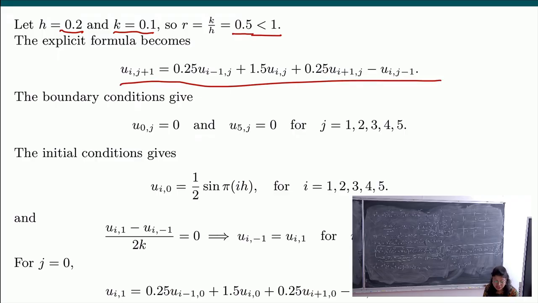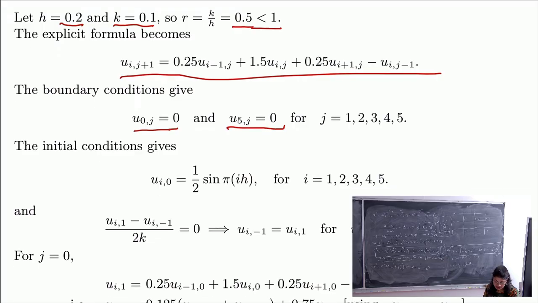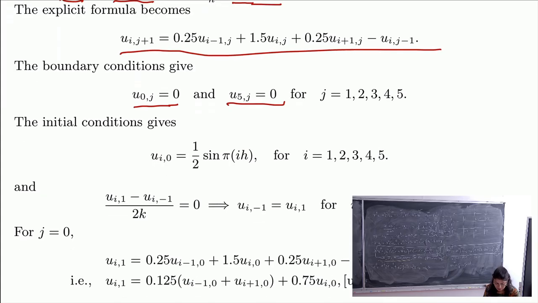Initially we are given the boundary condition to be 0. So u_0^j and u_5^j are 0, because these are our boundary conditions. The initial condition is given to be u_i^0 equal to half of sine pi i h, where i is from 1 to 4.